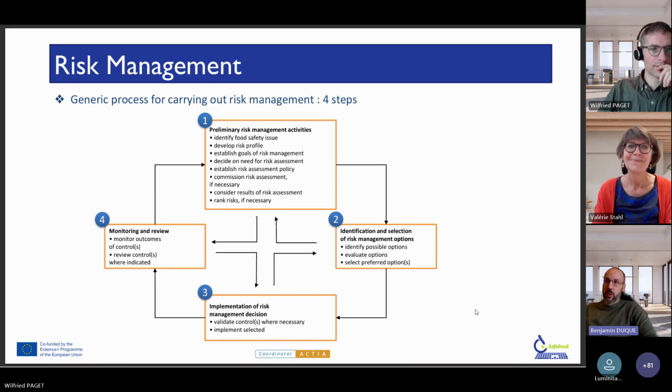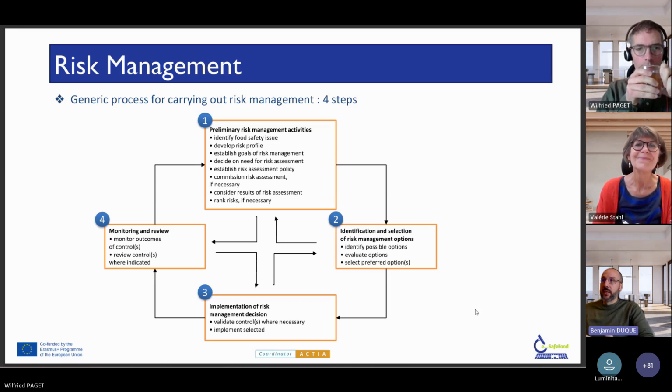The first element we are going to address is risk management. Risk management follows a four-step process: the preliminary risk management activities, the identification and selection of risk management options, the implementation of risk management decisions, and monitoring and review.